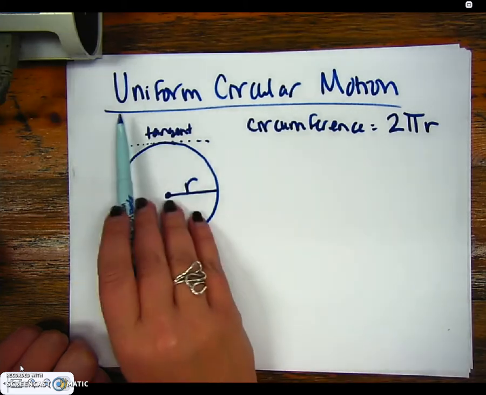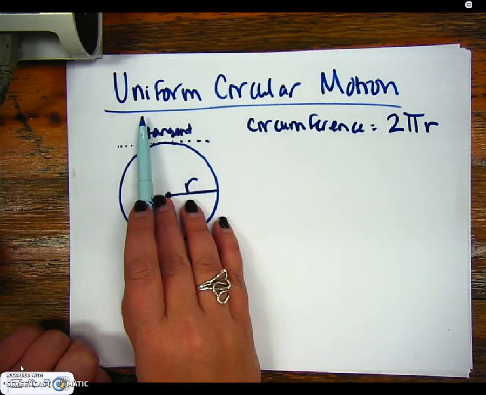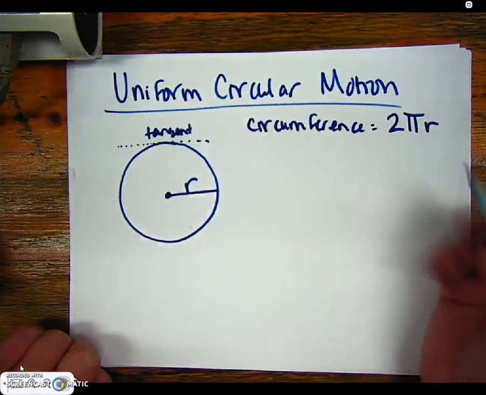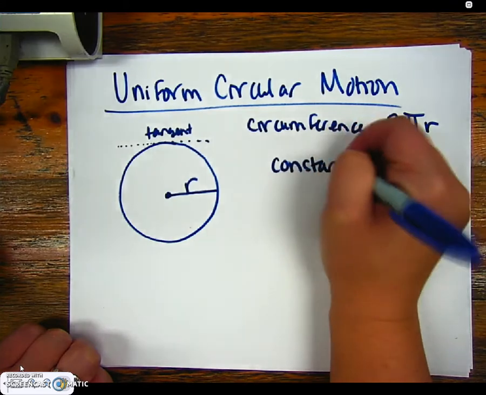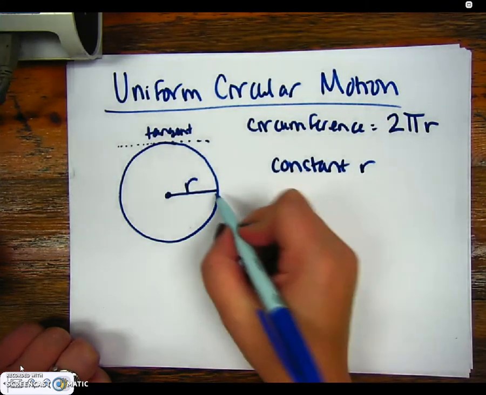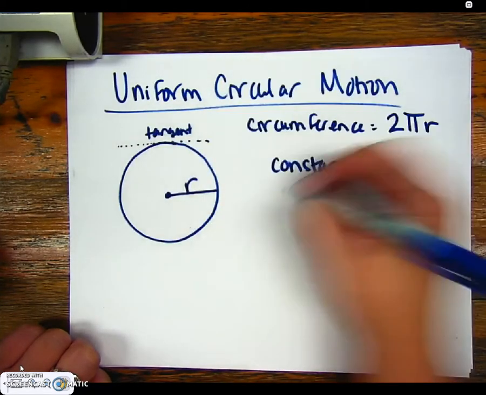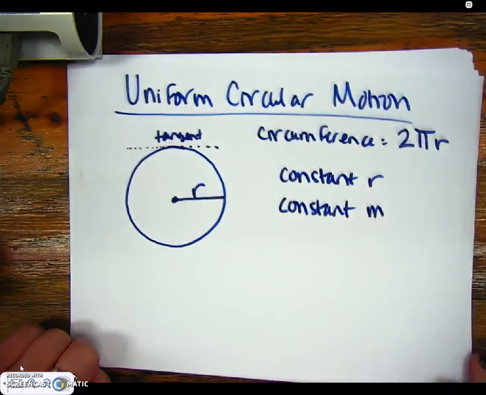So if you notice, I call this uniform circular motion, right? So there are things that are going to remain the same throughout the motion of objects that we're talking about in this unit. Things that are going to be uniform are that the radius is going to be constant. The other thing is we're talking about an object that's moving around in a circle, so the mass is also going to remain constant.